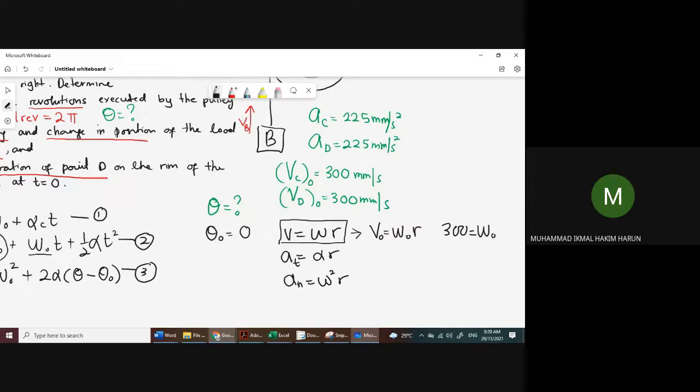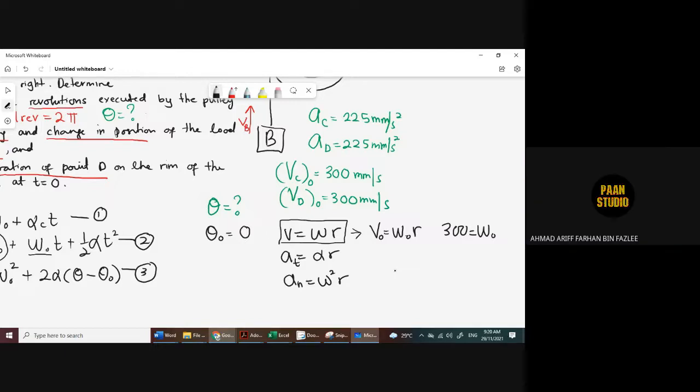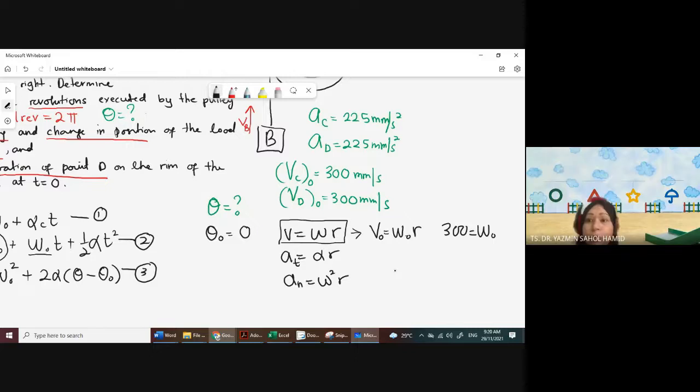Sebab melibatkan pulley, dan V naught tu adalah directed to pulley. So pulley dia punya R tu adalah inner, 75.